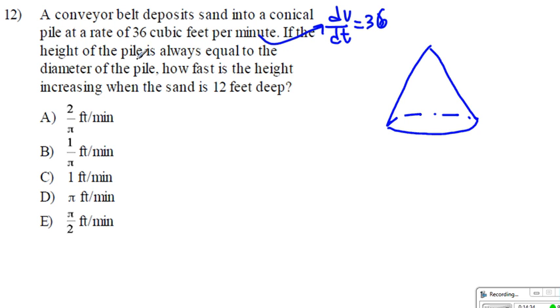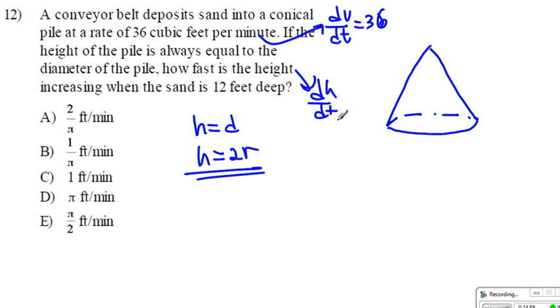The height of the pile is always equal to the diameter of the pile. That means height is equal to diameter, which means height is equal to 2 times the radius. That's the relationship. How fast is the height increasing? We're looking at dh/dt then. Understand this, 12 feet deep.